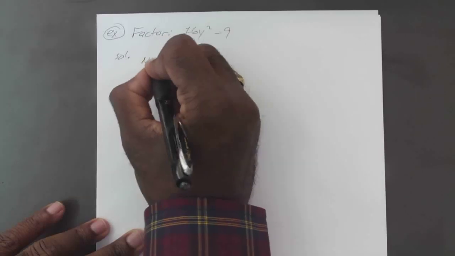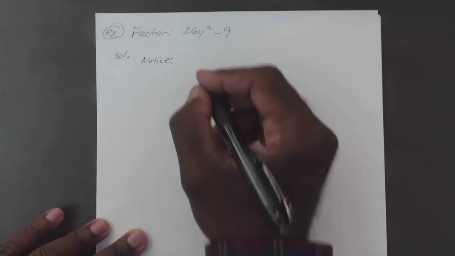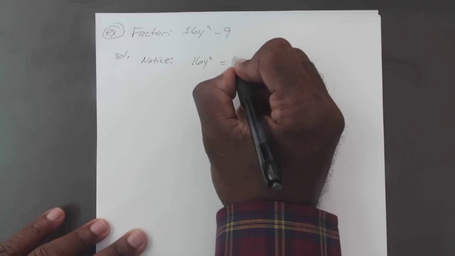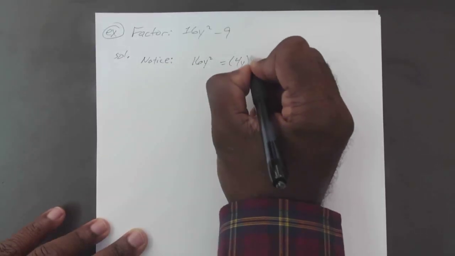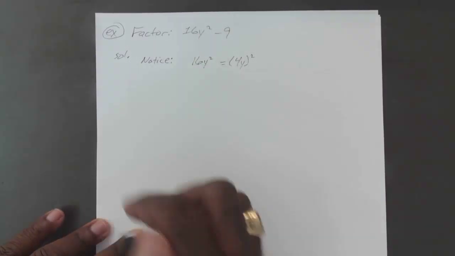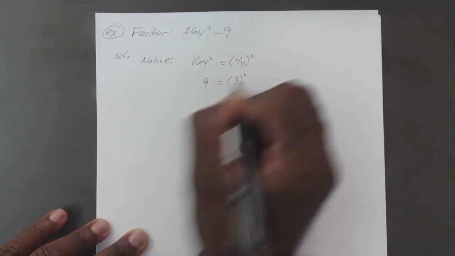Okay, so the solution to that, once again, you're going to notice 16 is just 4 times 4. So 16y squared will equal 4y squared. And 9 is just 3 times 3. So 9 is equal to 3 squared.